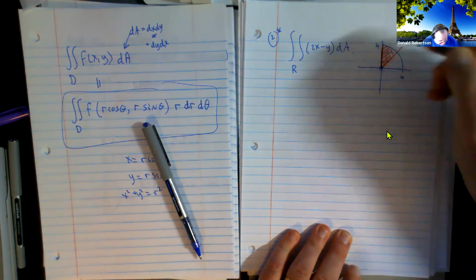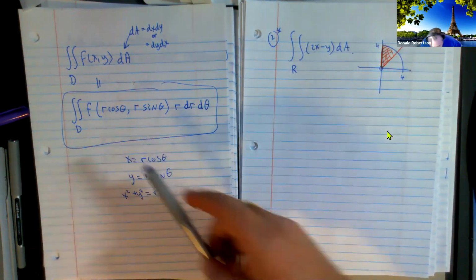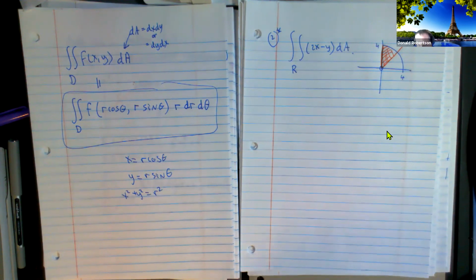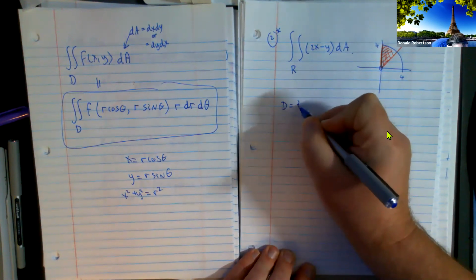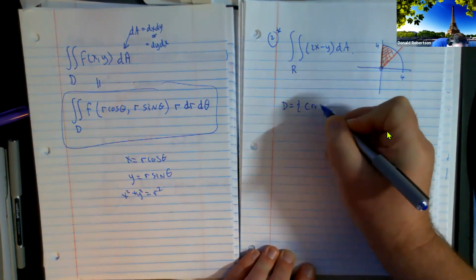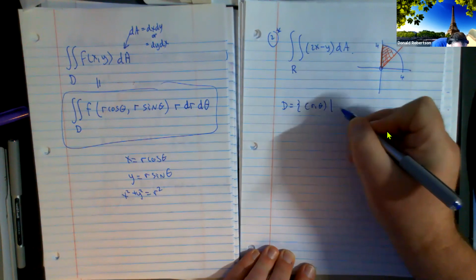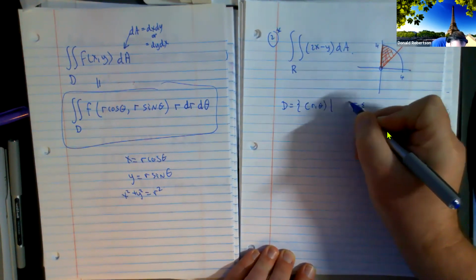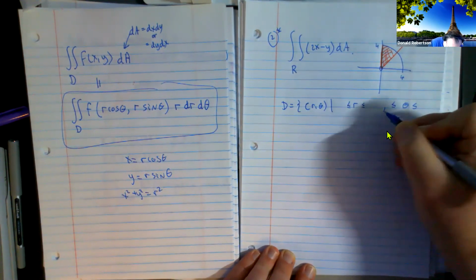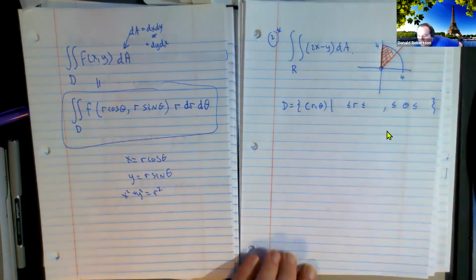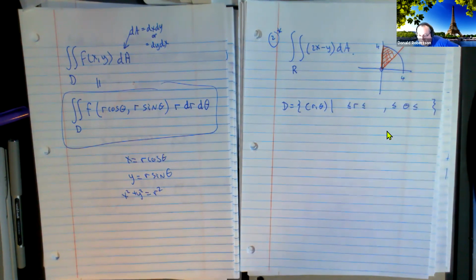Because this is the first time we've had to deal with a piece of pie shape. Doesn't that look like a piece of pie? Agreed? And we have to figure out how to describe that region.